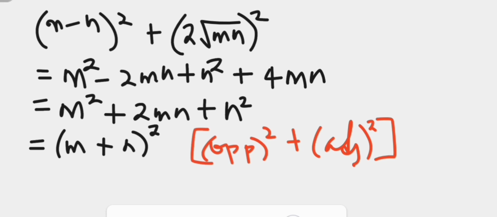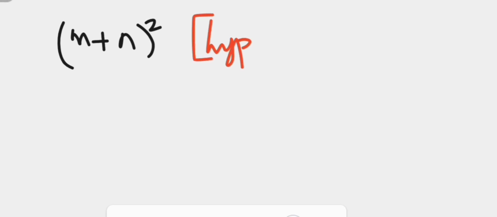So let's try out the hypotenuse side. The hypotenuse side is m plus n, and when we square it, it is m plus n squared. That's the hypotenuse squared. Now the square of the hypotenuse is the same thing.